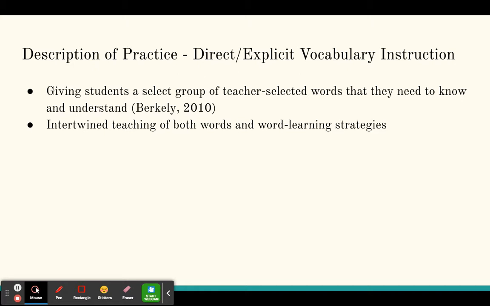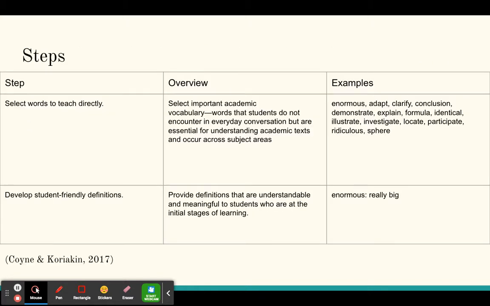So there are a couple different steps to direct and explicit vocabulary instruction. One of the first steps is to select those words that students need to know. You have deemed them as important. Typically these words are not words that we use in everyday language or words that they encounter all the time.